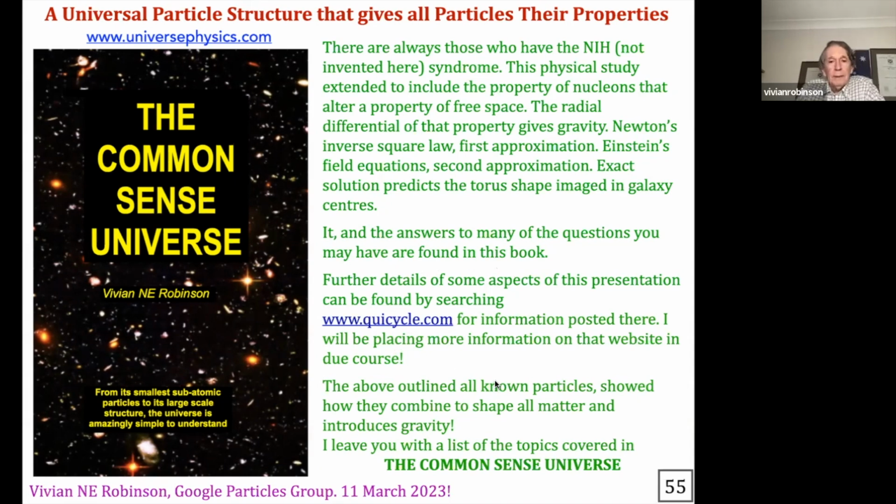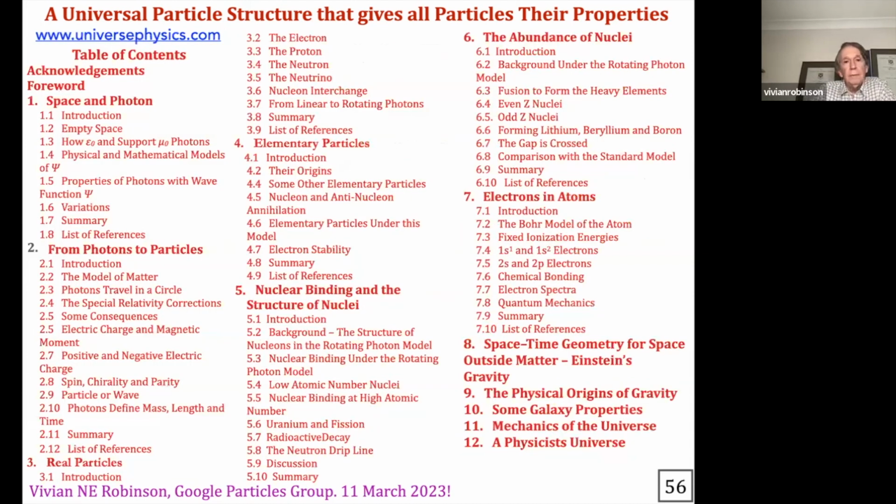Now, I suggest that I've outlined there the properties of all known stable particles, how they combine to shape matter, and given the briefest introduction to gravity. I'm going to leave you with the table of contents of the book. It gives you all of the topics that I have written on. It's been very extensive.